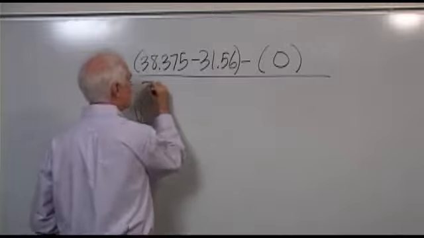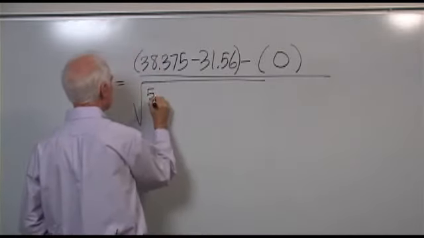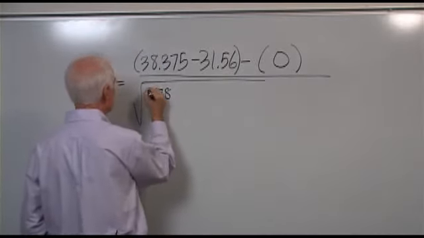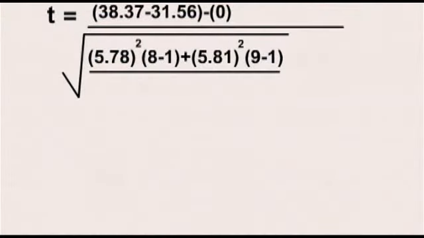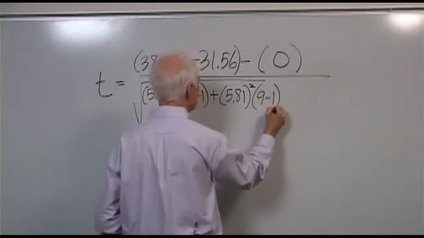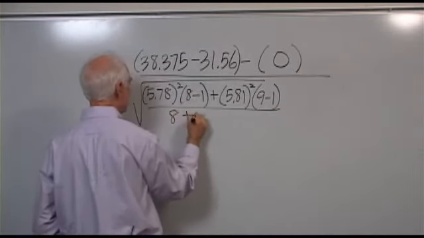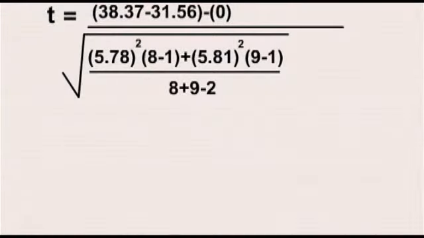Down here, we're going to have our first sample standard deviation squared times n minus 1, plus our second standard deviation squared, which of course makes the sample variance, times n minus 1, over n1 plus n2 minus 2.